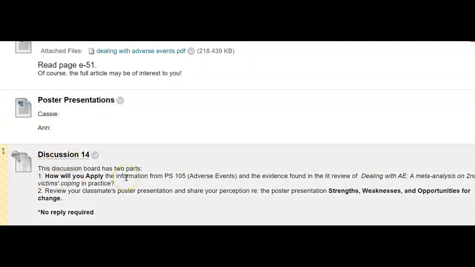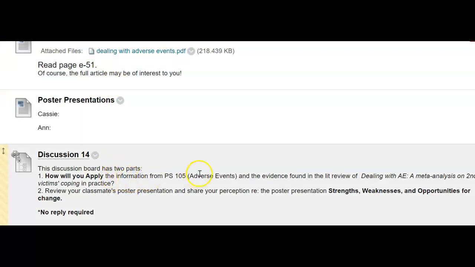So for the discussion board, the final point is, how are you going to apply the information that you learned in the IHI PS 105 and the evidence found in at least the literature review of the article above, dealing with adverse events, a meta-analysis on the second victim's coping, in practice.